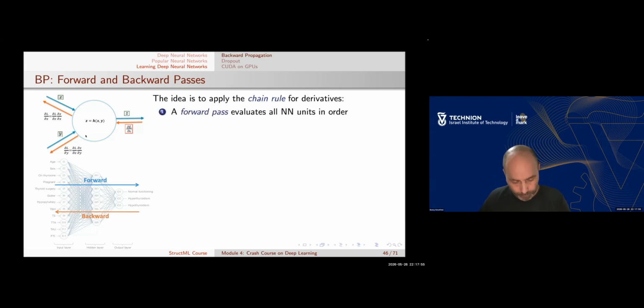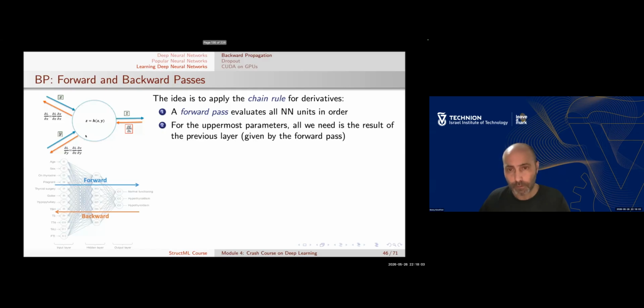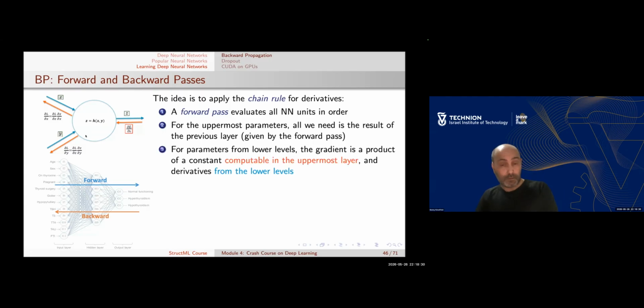More formally, a forward pass evaluates all of the units in order, all the way to the loss function. For the parameters in the uppermost layer, like softmax, all we need, if you think of it, is the result of the previous layer. We don't need anything other than that to compute the gradients of the parameters of the uppermost layer. But what happens to the parameters in the lower layers?